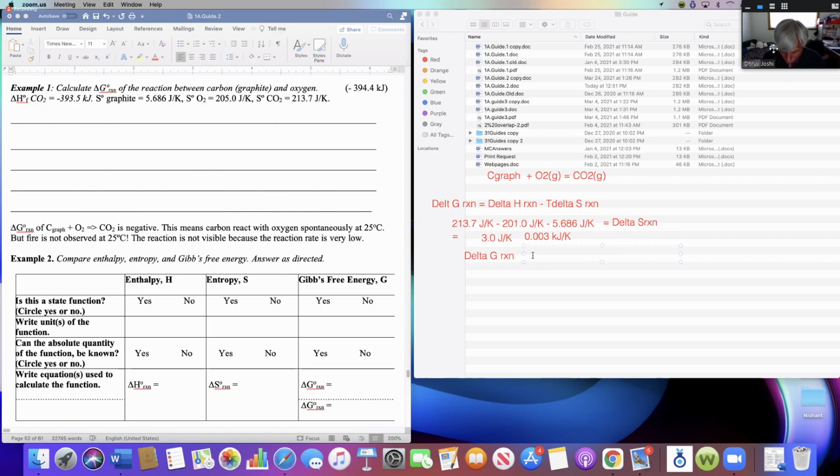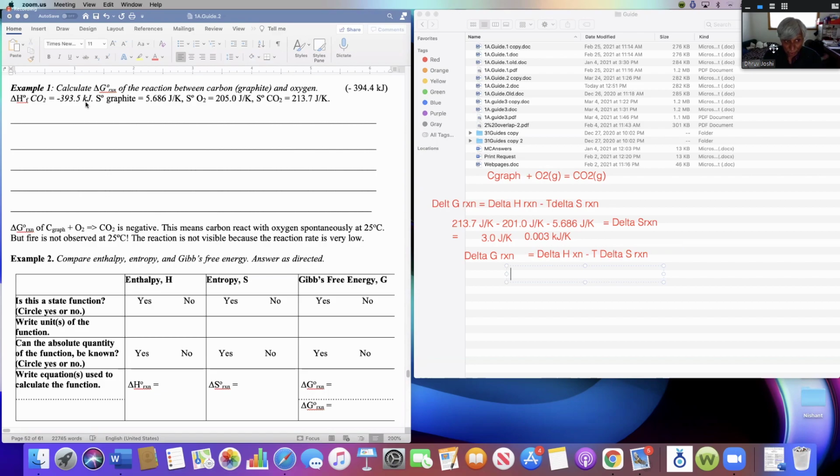Delta G reaction equals delta H reaction minus T delta S reaction. Delta H reaction is given to us.